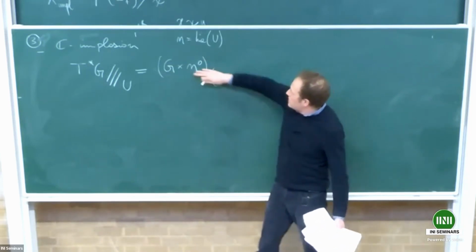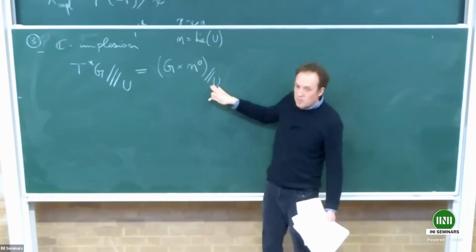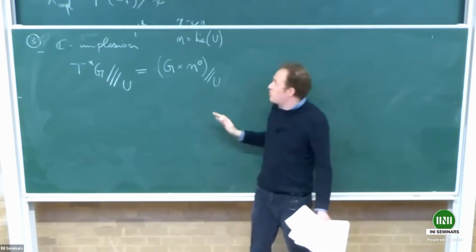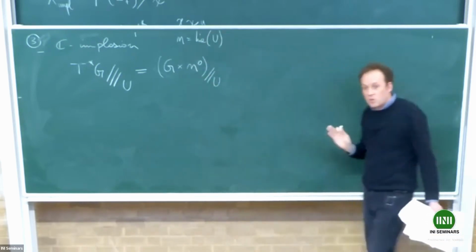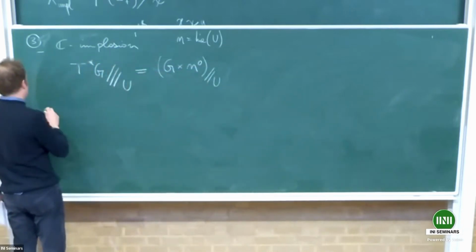So the question is really, when you just consider this variety here, is the U-invariant part of its ring of regular functions finitely generated? And the answer is yes, but it's a much more subtle business.